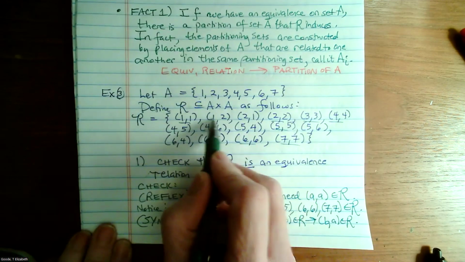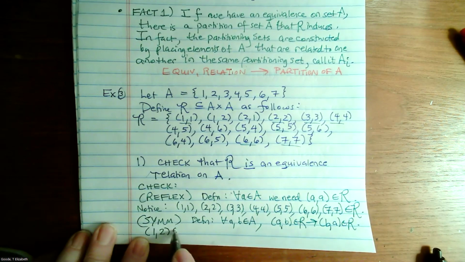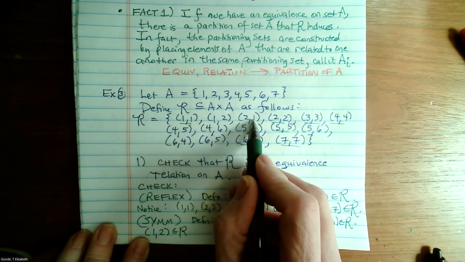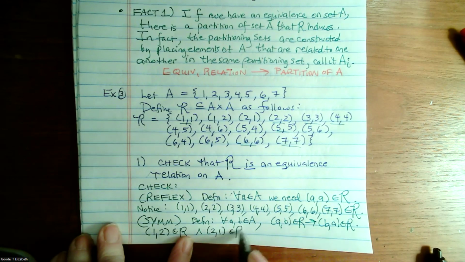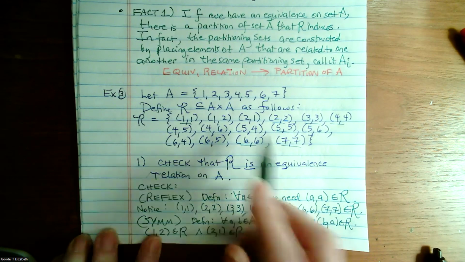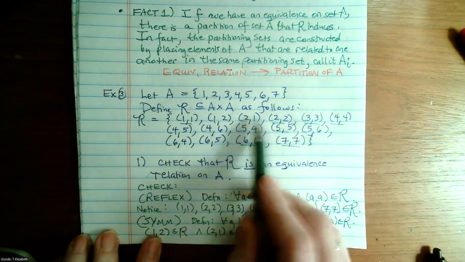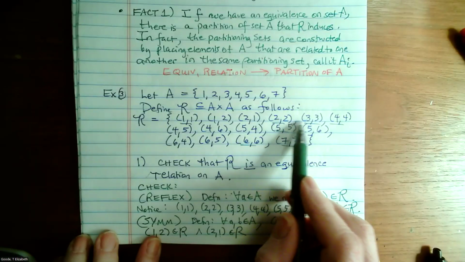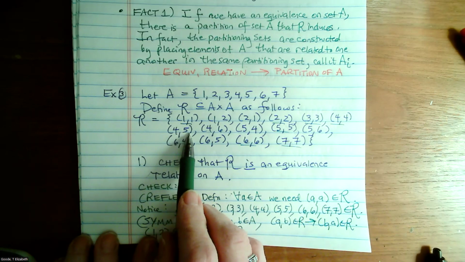So as we scan through, (1,2) is the first one. It's in curly R, but also (2,1) is in there. So that works out. Both of these are checked off now. They've got their symmetric twins. So we keep scanning. (2,2) is no problem, (3,3) is no problem, (4,4) is no problem. But we have (4,5) in there.